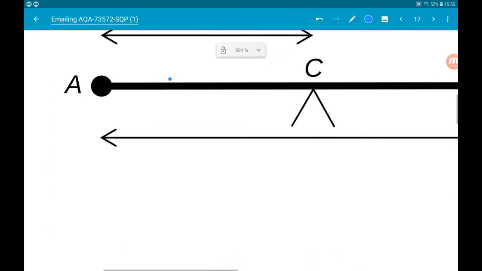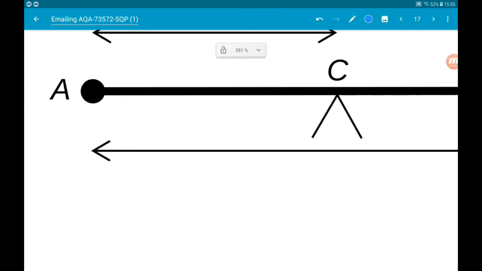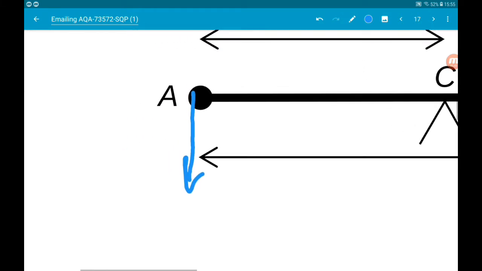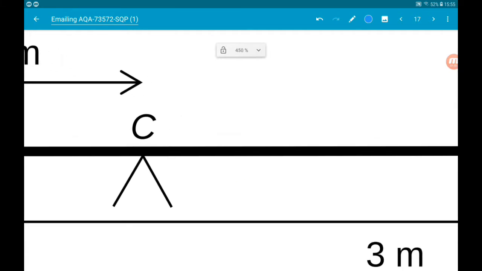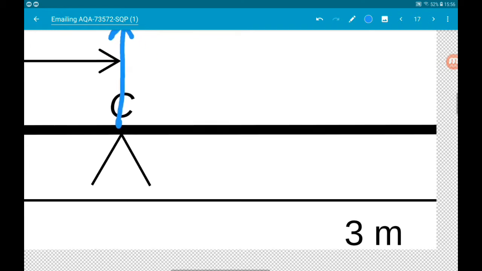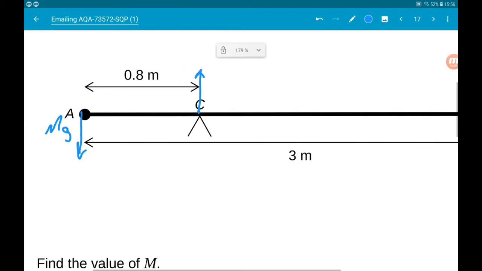At A, there is a downward force of m times g. At the pivot itself, we have the normal reaction force acting upwards, and the rod has a mass of 24 kilograms.